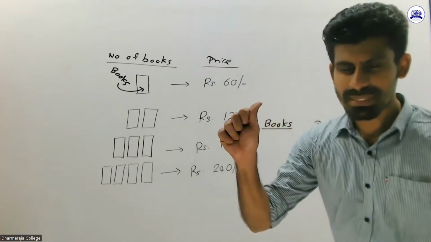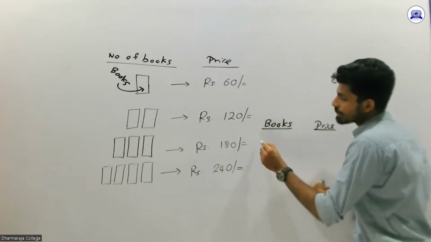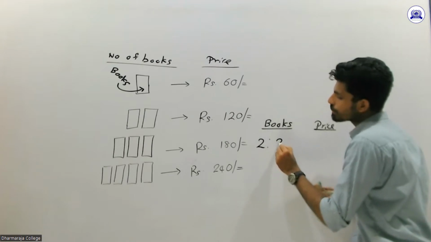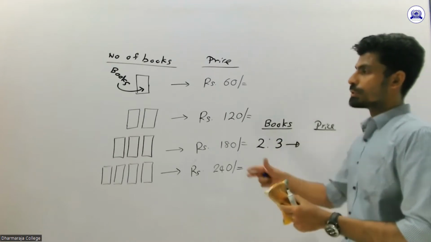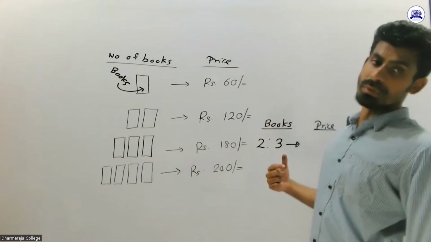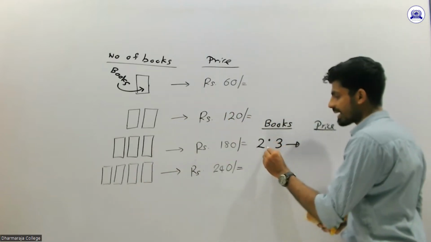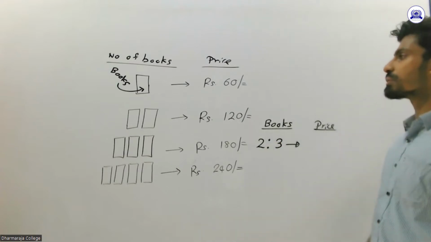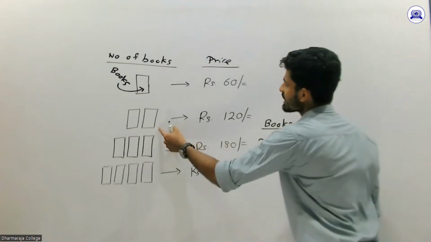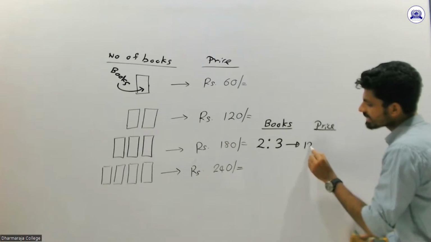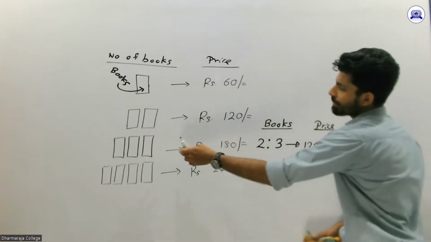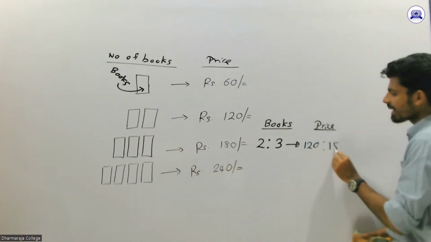Now the second example. I'm taking two books and three books, 2 to 3. Two books means 120, three books means 180.